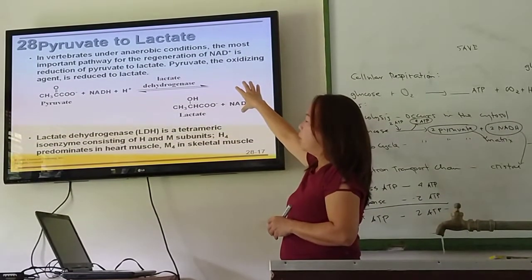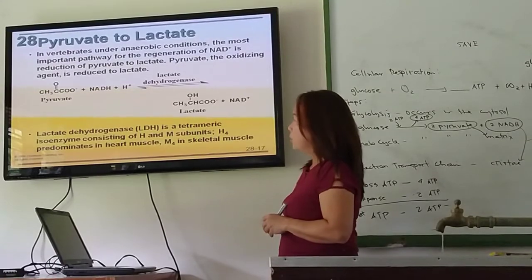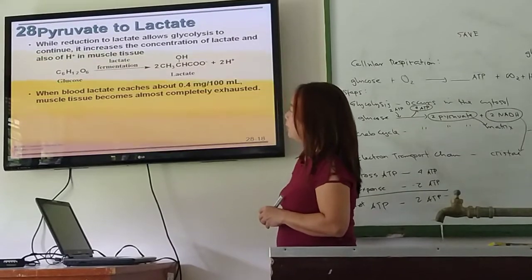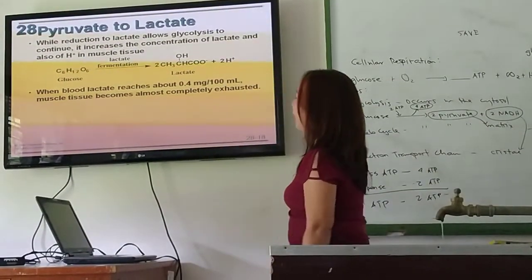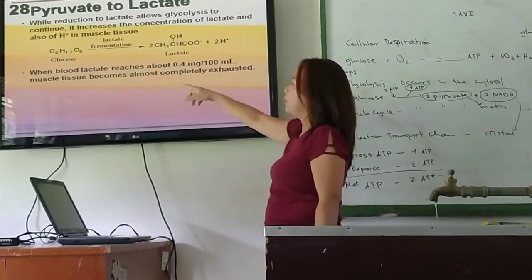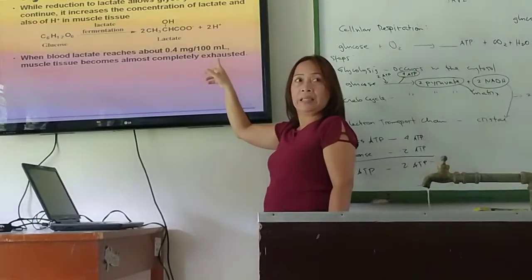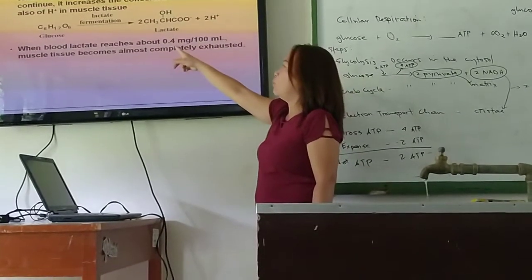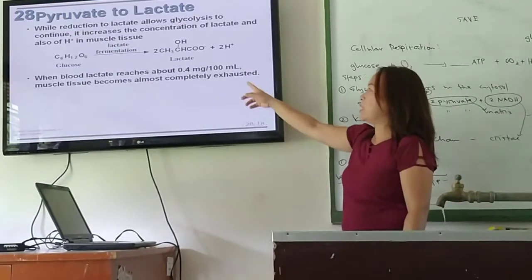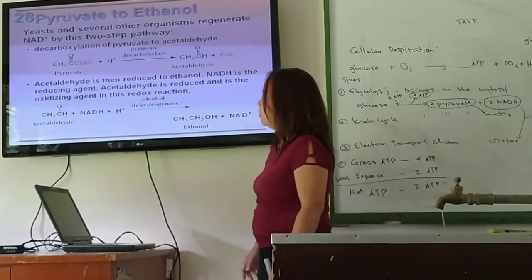The pyruvate is converted into lactic acid by lactate dehydrogenase. So, when blood lactate reaches about 0.4 milligrams per 100 ml, the muscle tissue will become exhausted. Once it reaches 0.4 mg per 100 ml in your blood, you will experience muscle pains.